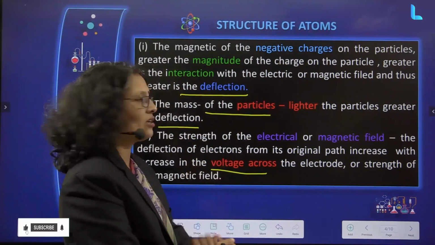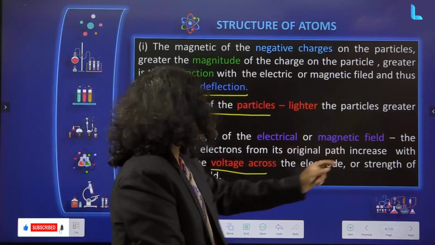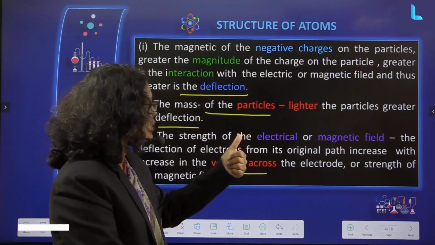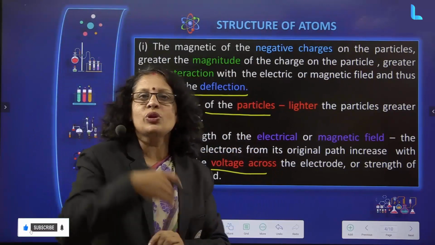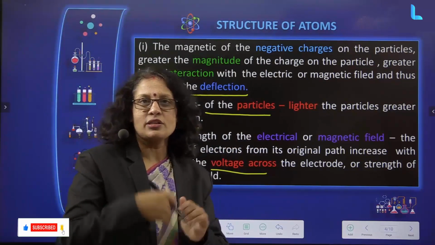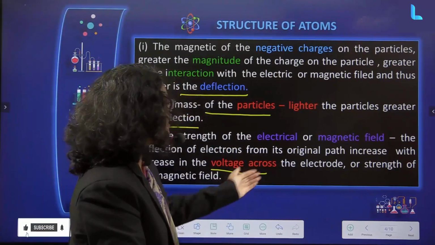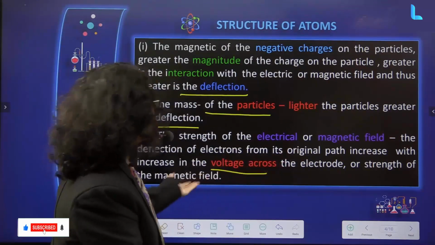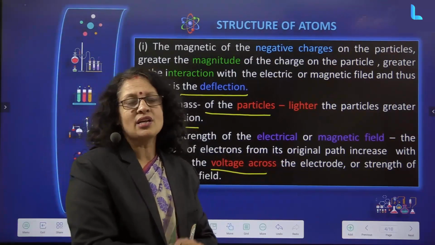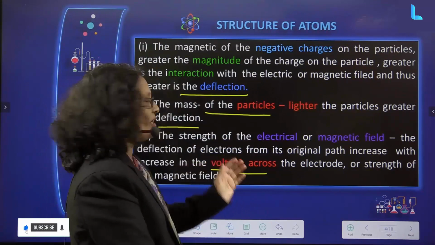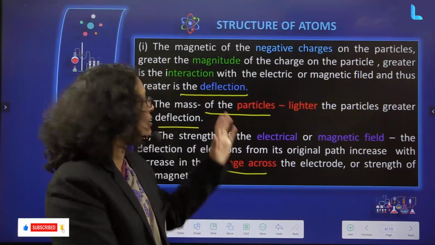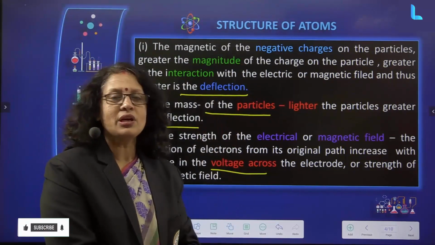And the third conclusion is that the deflection from its original path increases with an increase in voltage. So as the voltage is increased across the electrodes or the strength of the magnetic field is increased, we get more deflection. So in these 3 cases the deflection will be more.